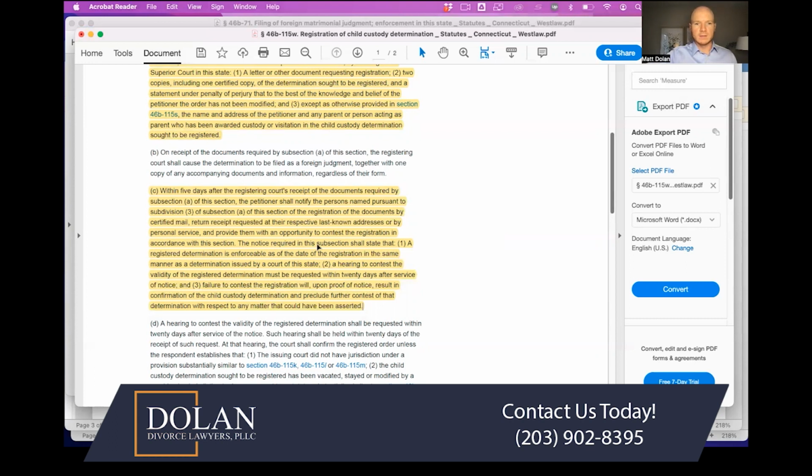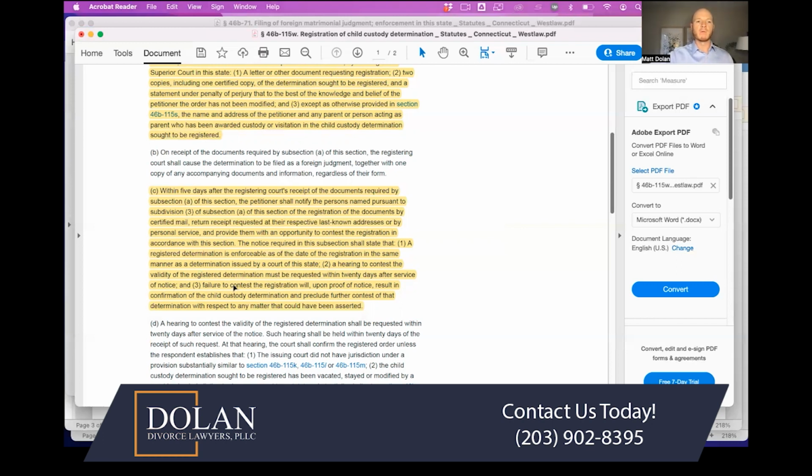The notice required in this subsection shall state: 1, a registered determination is enforceable as of the date of the registration in the same manner as a determination issued by a court of this state. That's to say, 2, a hearing to contest the validity of the registered determination must be requested within 20 days after service of notice.